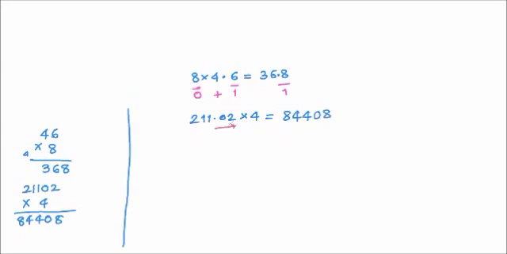Here it is 2, here it is 0. So when we add we get 2. So we should have only 2 digits after the decimal point, hence our decimal point comes here, and the answer is 844.08.